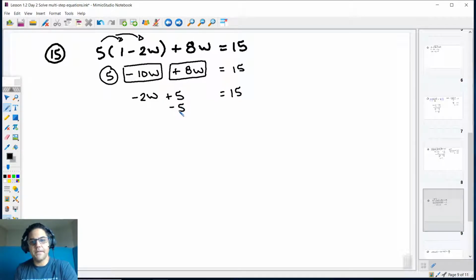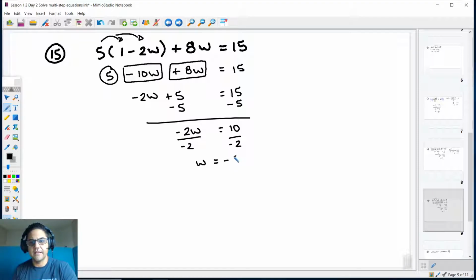Subtract 5 both sides. Negative 2w is equal to 10. Quick division. Again, a lot of little mistakes that you can have with your negative signs. So you got to be really careful. So let's check to see if I got it correct.